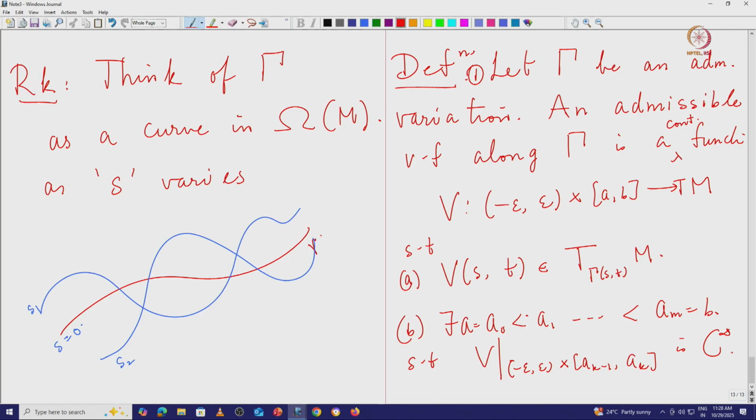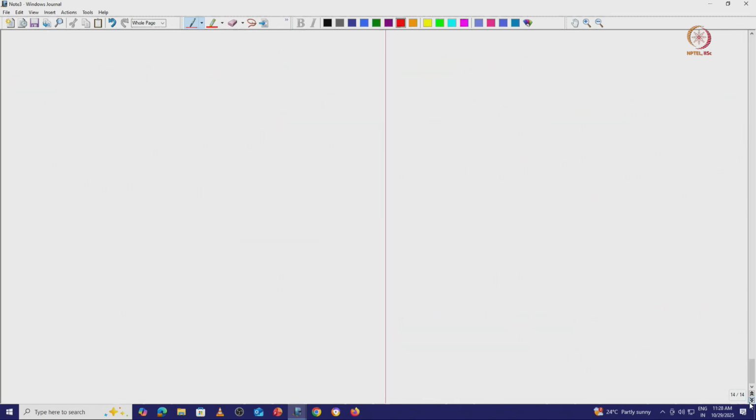Okay. So, that is an admissible vector field along a variation.